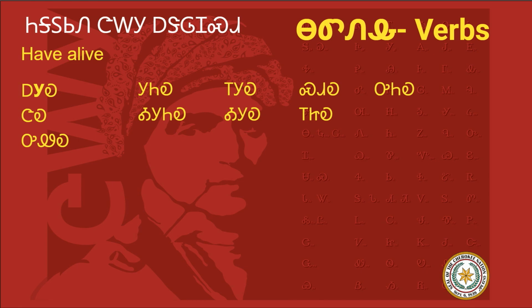Ogika, we have it, but you don't. Stika, you too have it. Ijika, all y'all have it. And unika, they have it. Okay? We're going to change that to the past tense. Okay? All we have to do is add huh at the end.